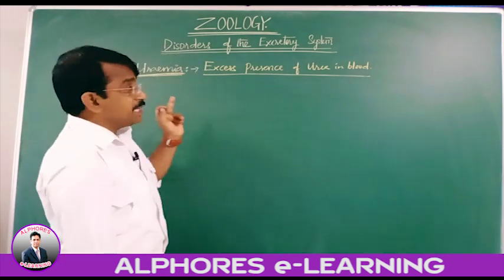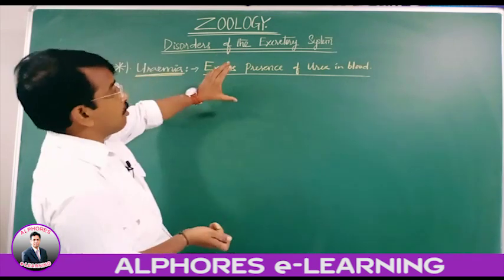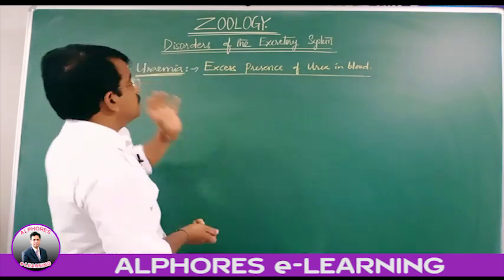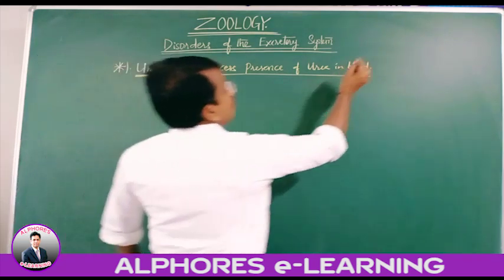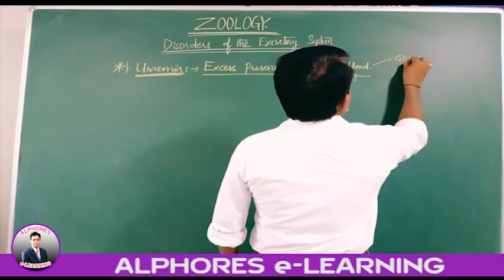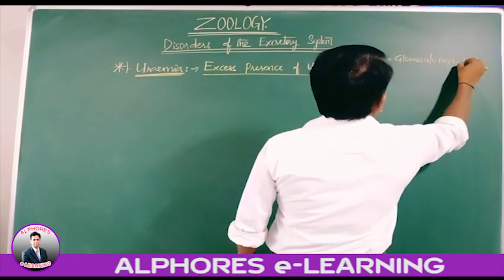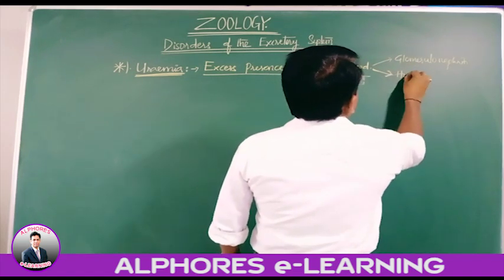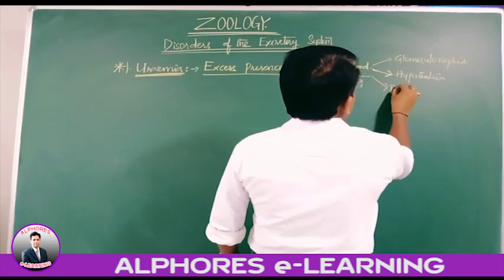But if it is present in the blood, in the sense that the glomeruli are not functioning, that is a disorder. Excess presence of urea in the blood is named uremia, and the reasons for it are glomerulonephritis, hypertension, and diabetes mellitus.